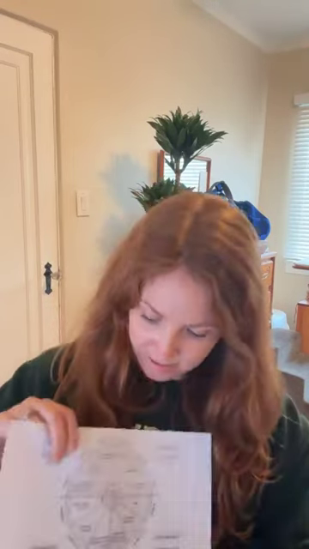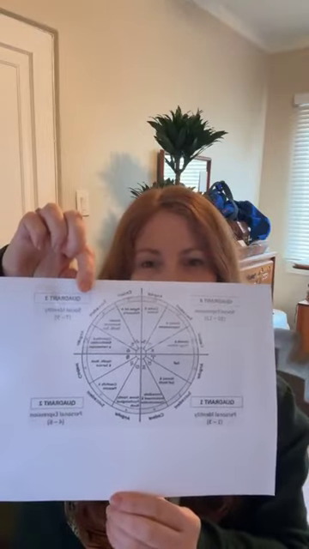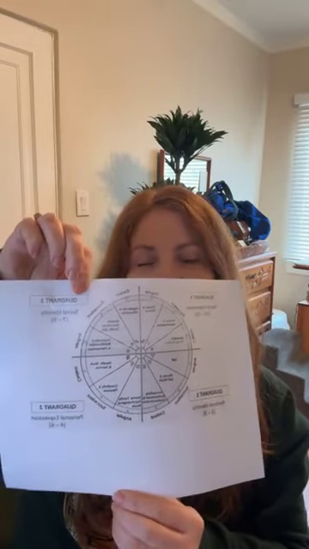The IC and the MC line, that's going to be the one that is up and down. On most charts, it is actually a little bit angled, and that's because of the Earth's axis. But in this drawing, it's not, so I apologize. Okay, and I forget exactly what the I and the M stand for, but it's in Latin, okay?